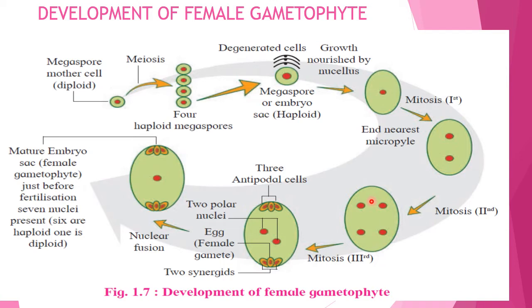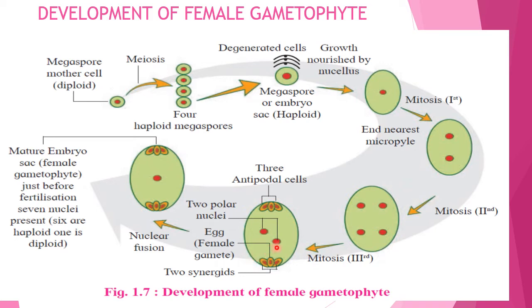They are actually coming towards the poles of that cell, either side. And by the third mitosis, those 4 nuclei multiply into 8. One more thing, at each pole there will be 4 nuclei. So total 8 will be formed, 1 into 2, 2 into 4, 4 into 8.